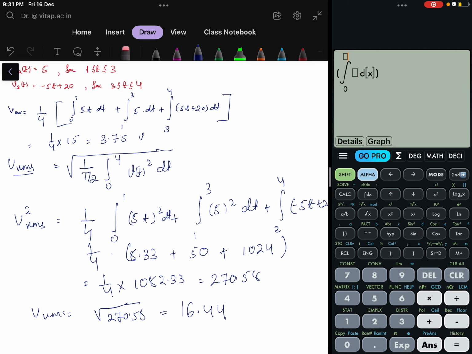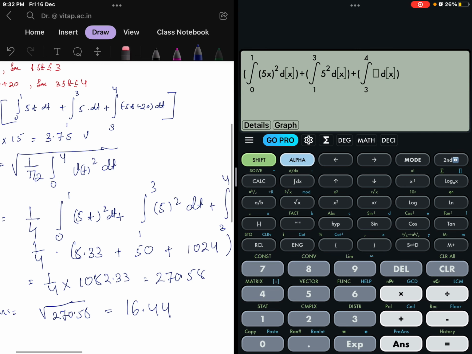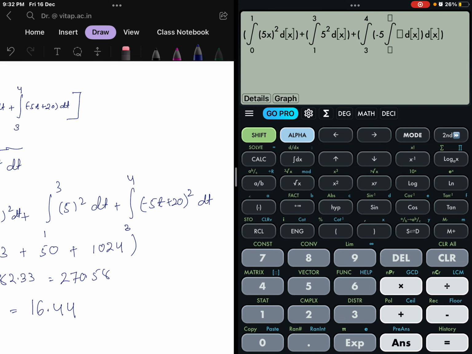So, let me make this bigger screen. So, integration 0 to 1, then 5t square, plus again integration 1 to 3, and here it is 5 square, plus again integration, so it is 3 to 4, and here it will be minus 5t plus 20, and their square.